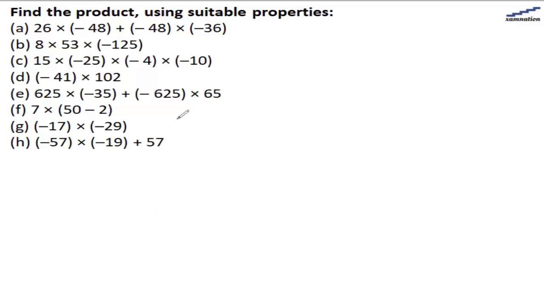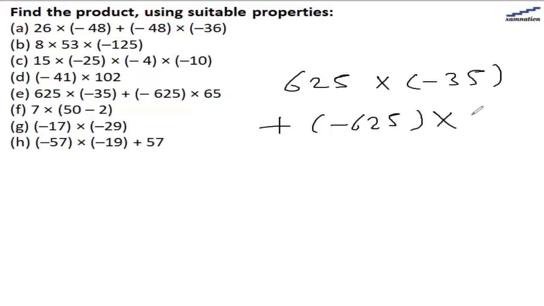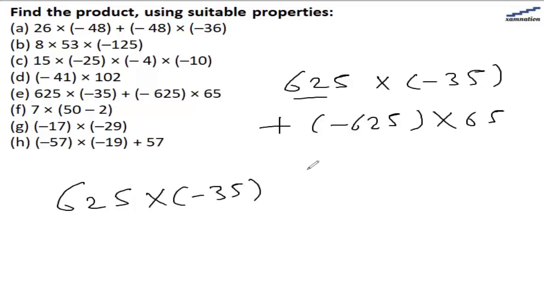In the E part, we have 625 multiplied by minus 35, and then minus 625 multiplied by 65. As you can see, 625 is the same, but the sign is different. So we are going to write it like this: 625 multiplied by minus 65.